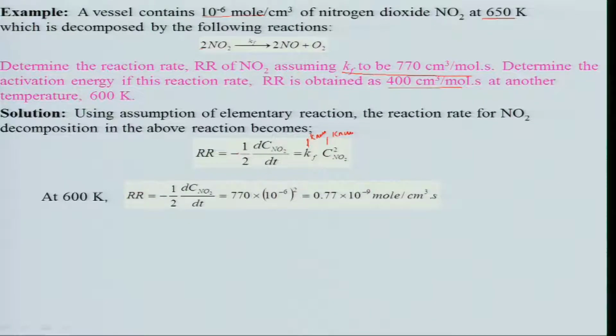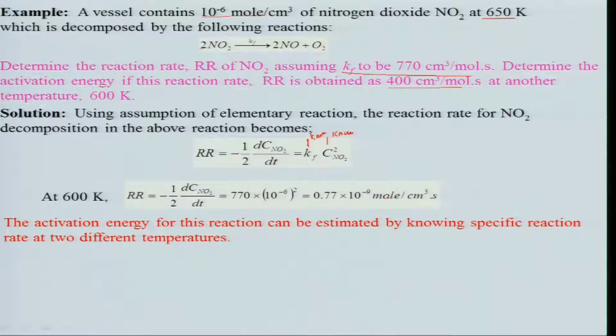That is, at 650 Kelvin, the reaction rate is equal to minus half dCNO2 by dt, and you just substitute these values for Kf from here, and then CNO2 square, you will get this value, 0.77 into 10 to the power minus 9 mole per centimeter cube per second. It is a very small quantity if you look at it, right.